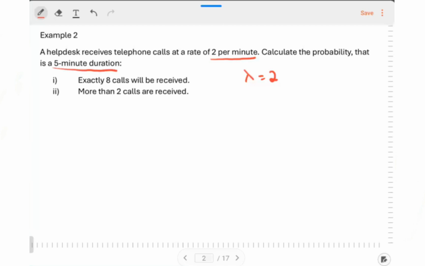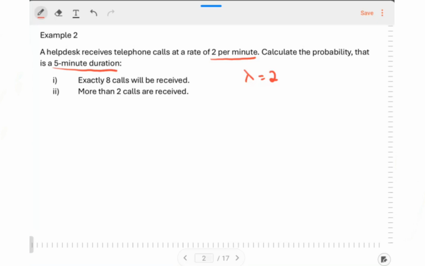If the interval in Poisson distribution is changed, it will directly impact lambda, and the number of times the interval is changed, the lambda will be multiplied by the same number of times.